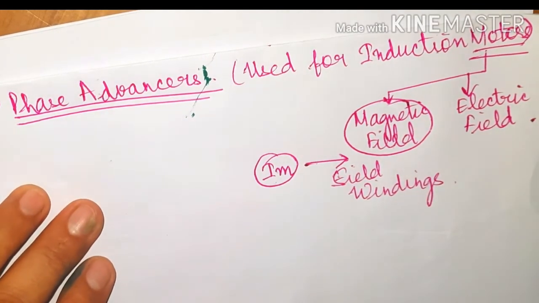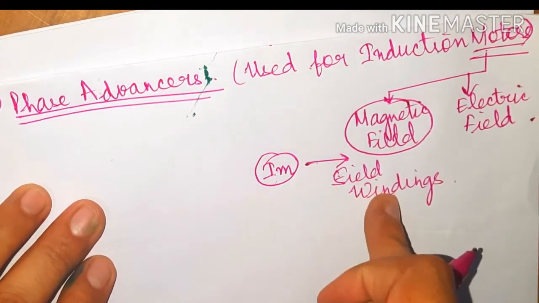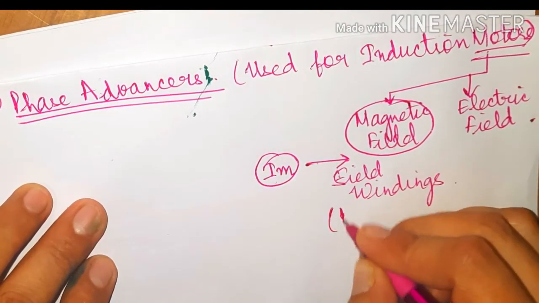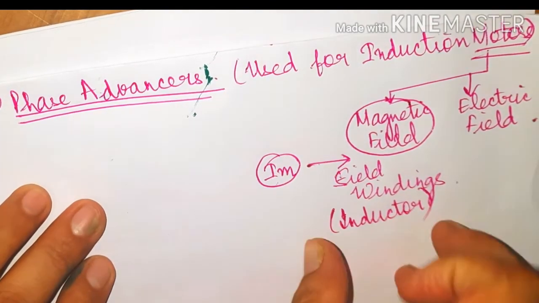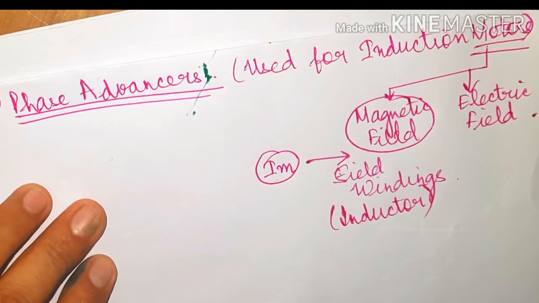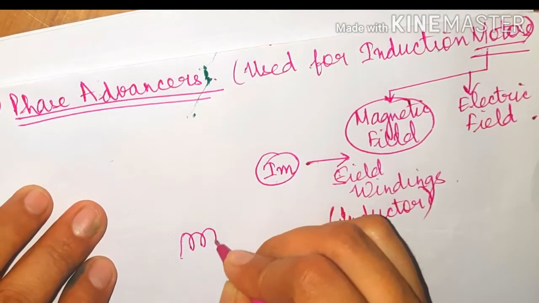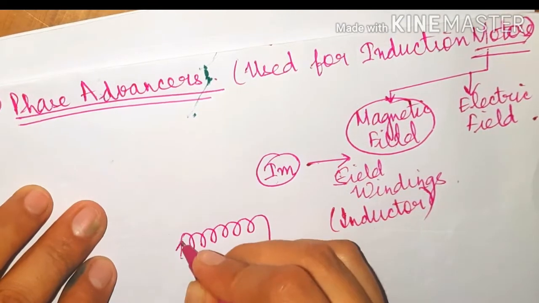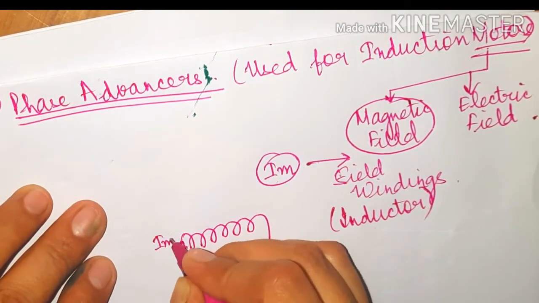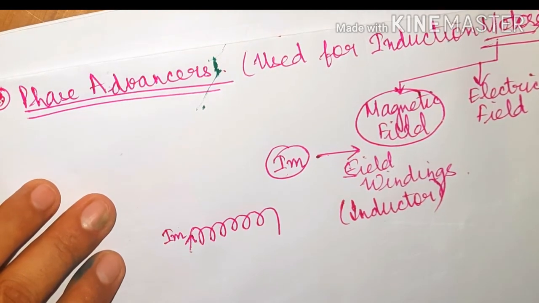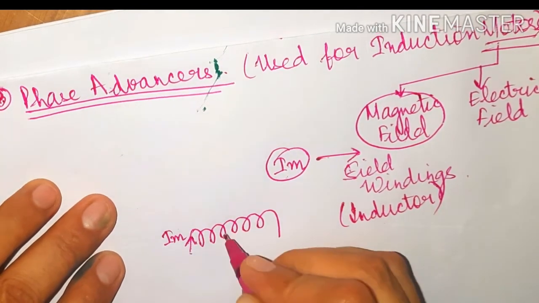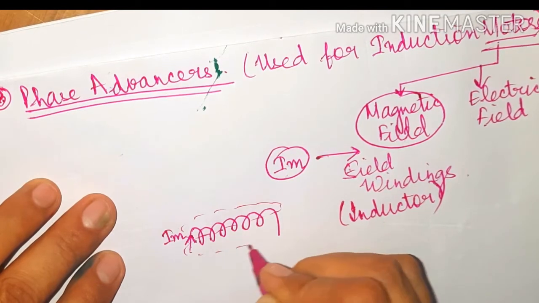Since this current goes to the field windings, which are in the form of an inductor, a magnetic field would be produced. You know very well that whenever there is current flowing through a wire, it is going to produce a magnetic field around it.